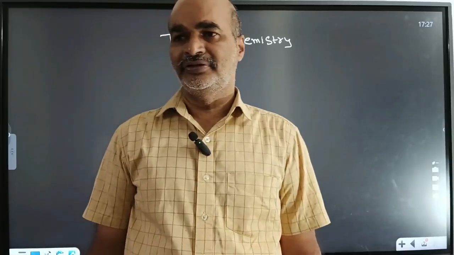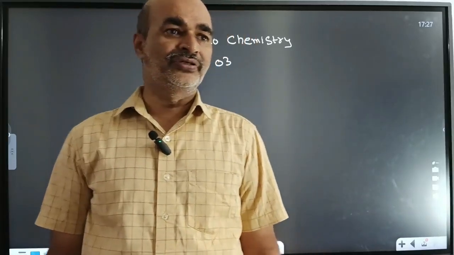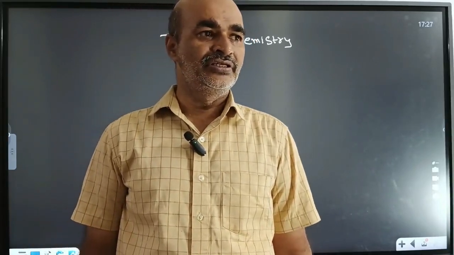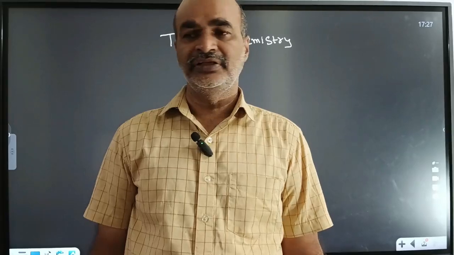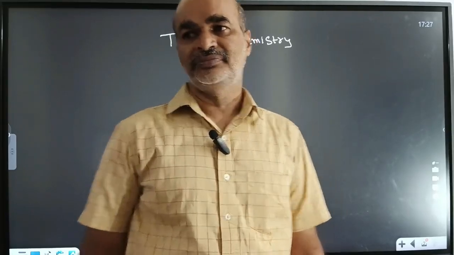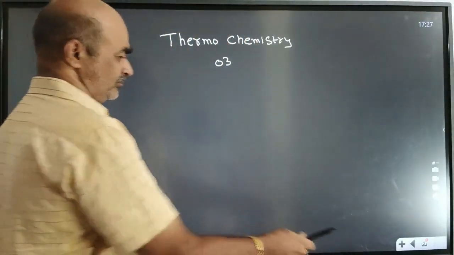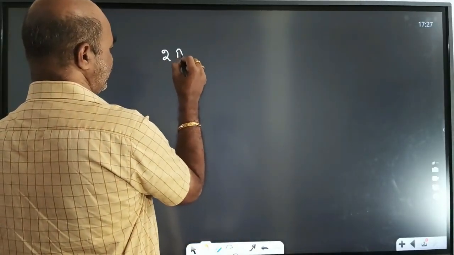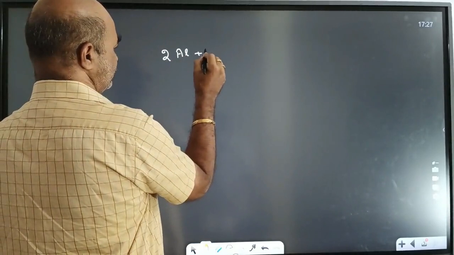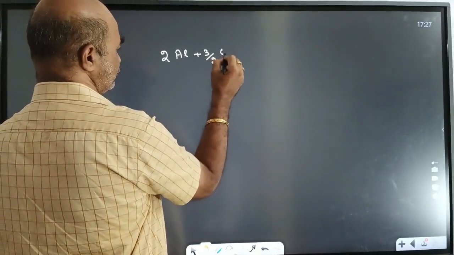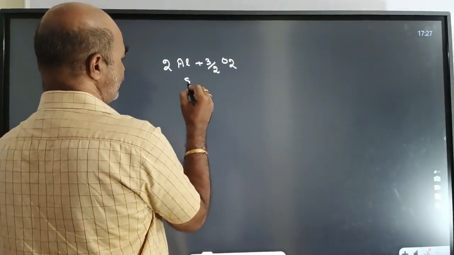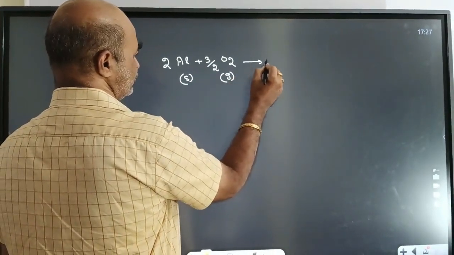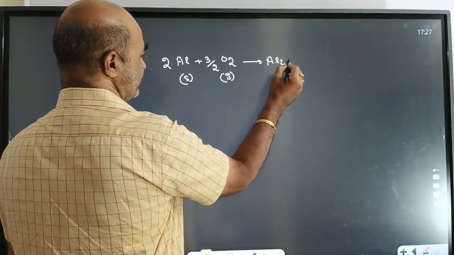Today we are going to discuss how to write standard enthalpy of formation equations. For example, 2Al (solid) plus 3/2 O2 (gas) gives Al2O3 (solid).